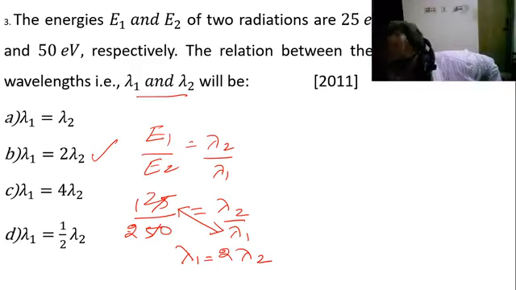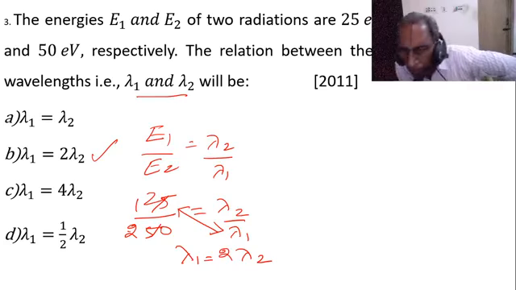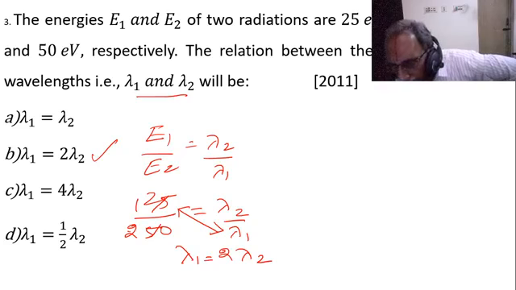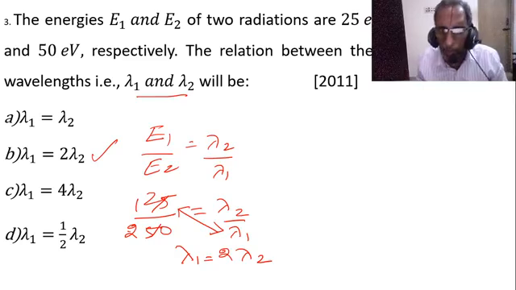Is anybody having some part of the question covered? Harshit, I think 25 electron volt is visible, but the last word of the second line, their wavelengths, is hidden. Bear with me, I will check the next one also.